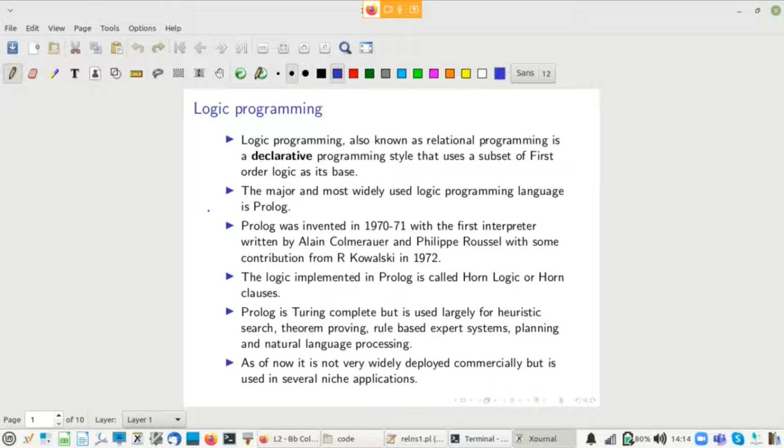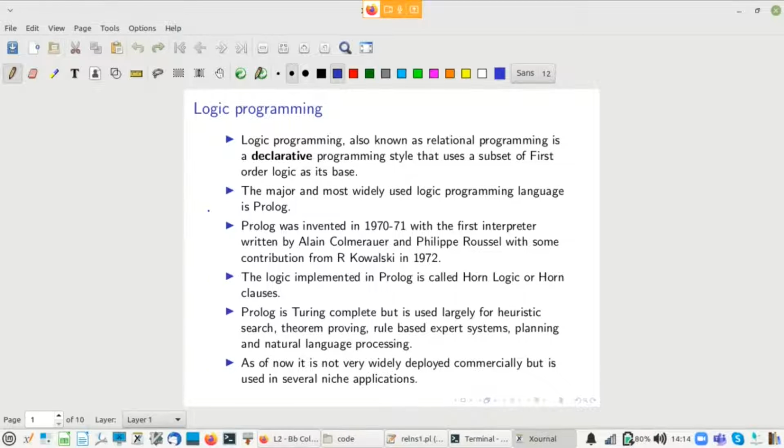Now, it is not a very widely known or used language in industry, but it is used in several niche applications and perhaps can be used in many other applications very effectively, but is not, because many people don't know it. It's not a popular language, right?